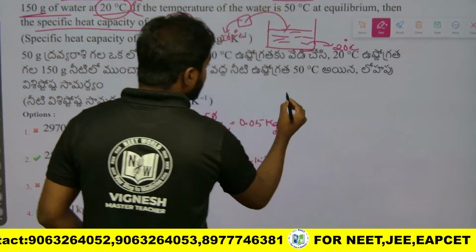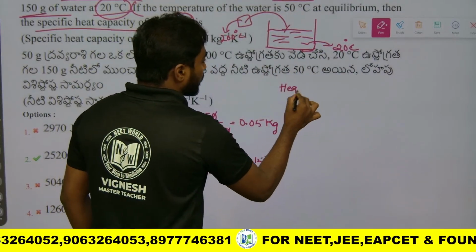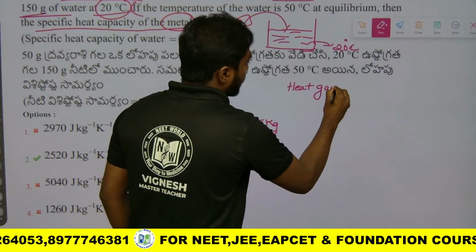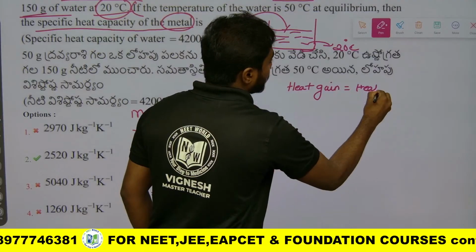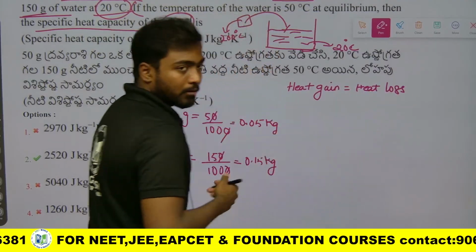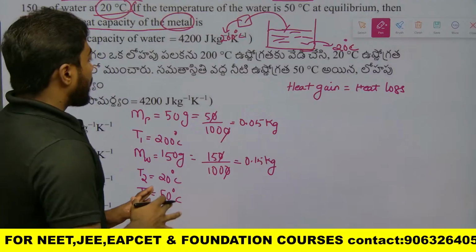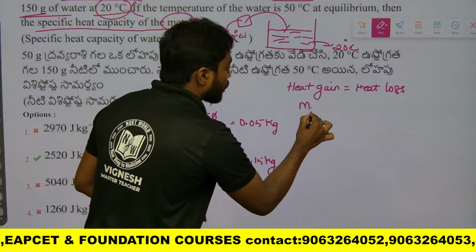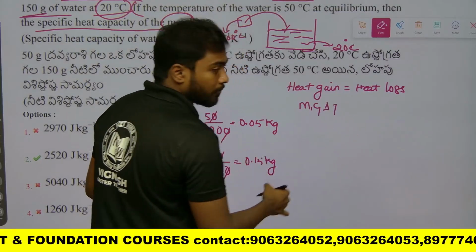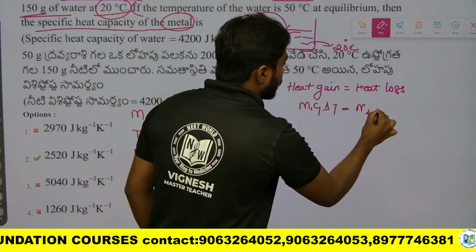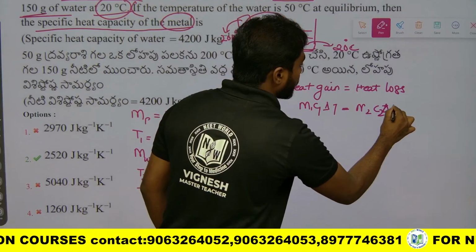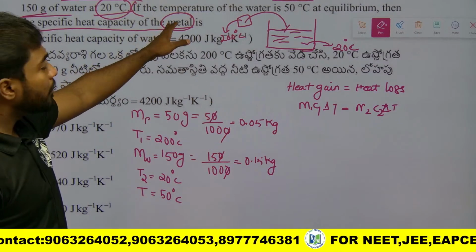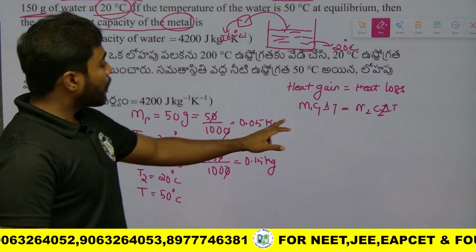I can say that heat gain equals to heat loss, no? That is the thing we know. By this we can derive the formula, that is M1C1 delta T is equals to M2C2 delta T. Okay. From this I need to find the specific heat capacity of metal.